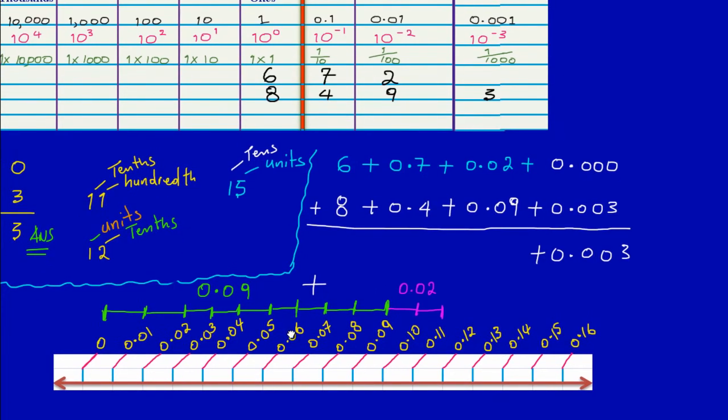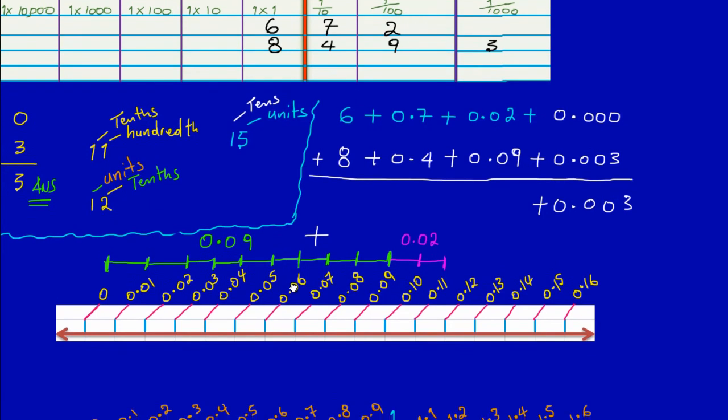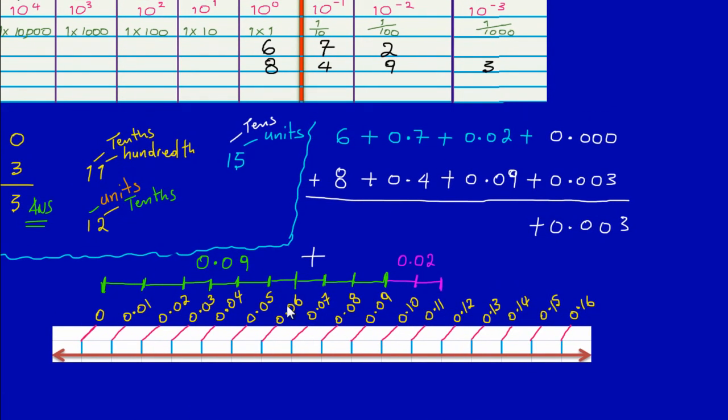Okay, so here let me just pull this up a bit so that we can get a little bit more space. Here now I would have stopped at this point, my 0.11.